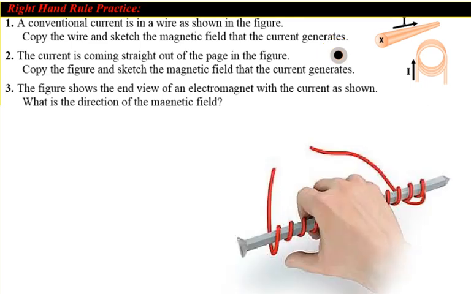The next question is a different type of right-hand rule question. The figure shows the end view of the electromagnet with the current as shown. What is the direction of the magnetic field? So I see that the current is directed like this, and I have to use this type of hand rule.